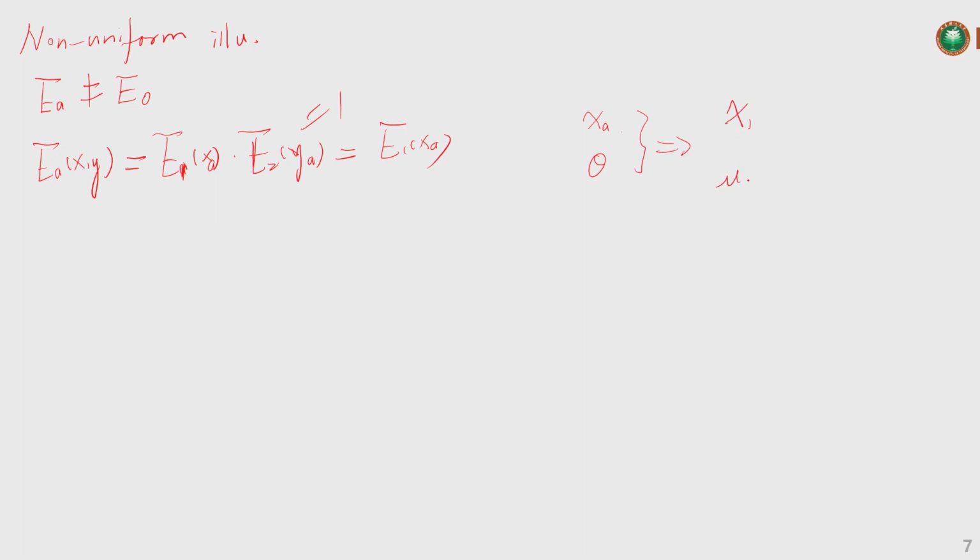One is x1, another is u1. x1 equals x over xa, and u1 equals pi Lx over lambda times sine theta. We do such a transform because we want to simplify our derivation of the form factor h theta.